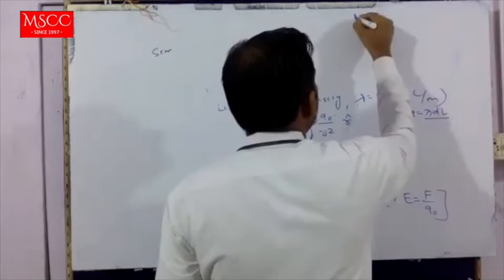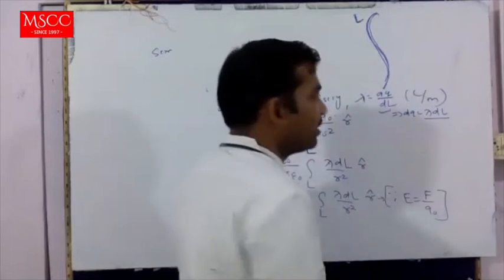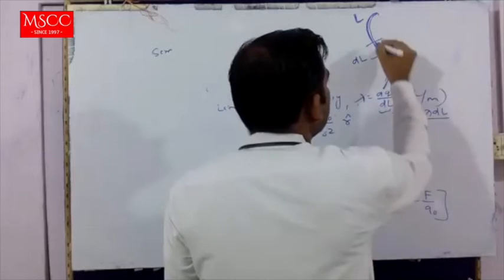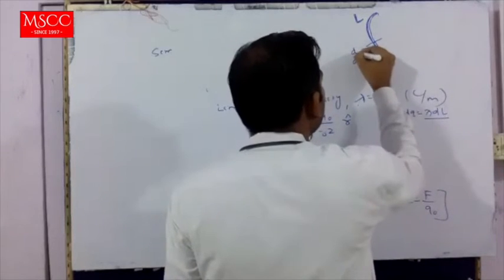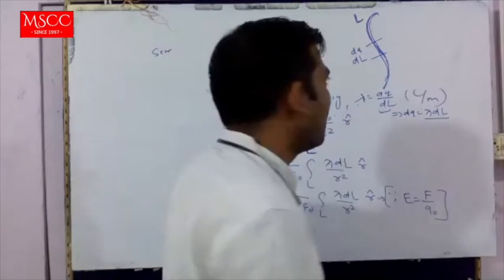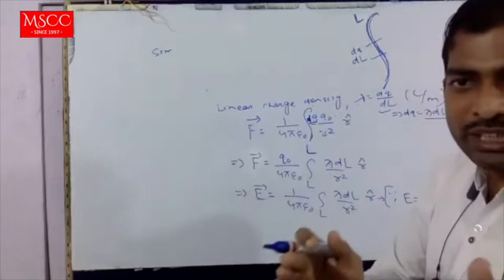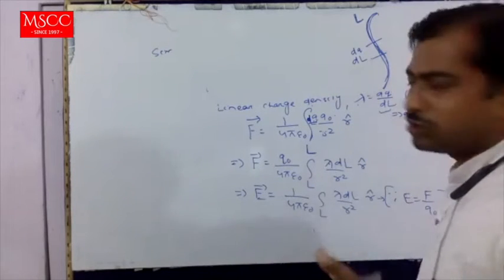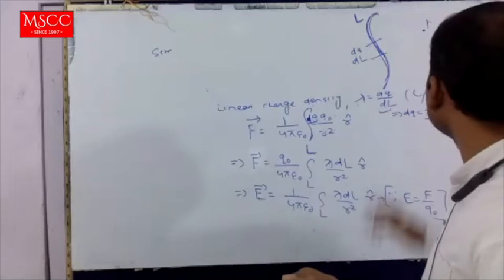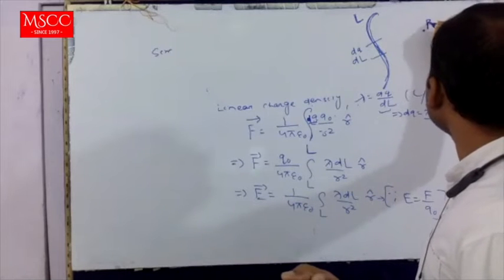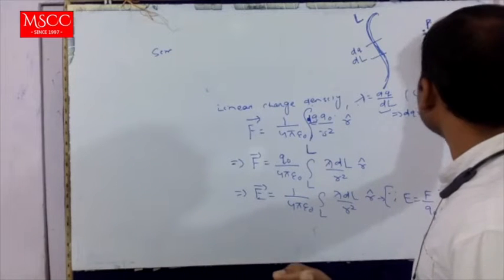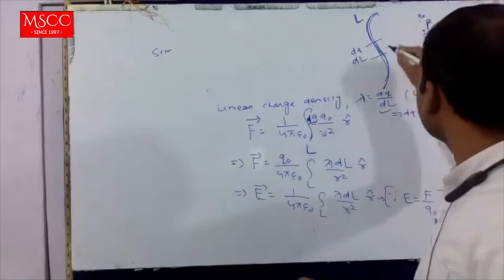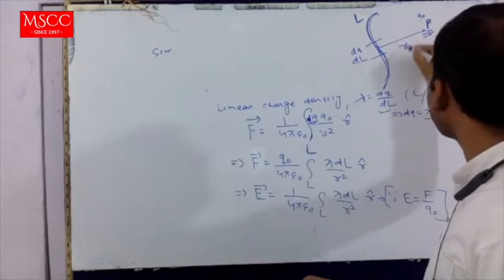This length, let us consider, is capital L. A small length taken is dl, with charge dq, and we wish to determine the electric field intensity at point P. Therefore we place a test charge at this point having a position vector r.